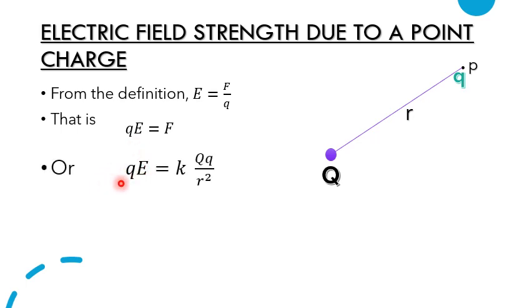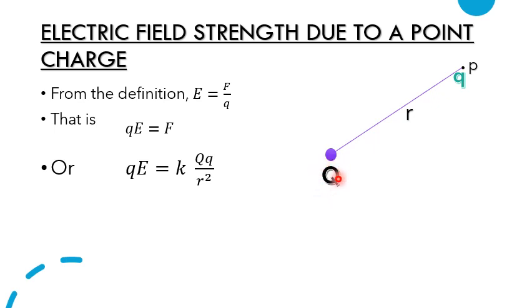or qE is equal to K times Qq over r square. To calculate the electrostatic force on small q due to capital Q, we are using Coulomb's law. According to Coulomb's law, F is equal to K times Q1 Q2 over r square.